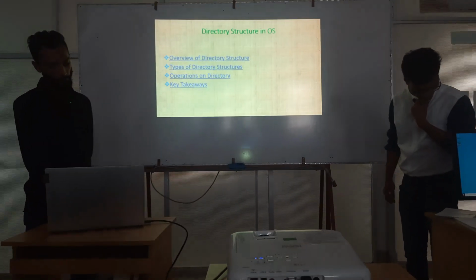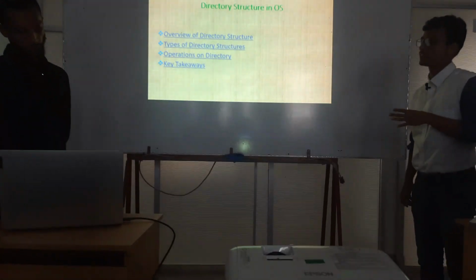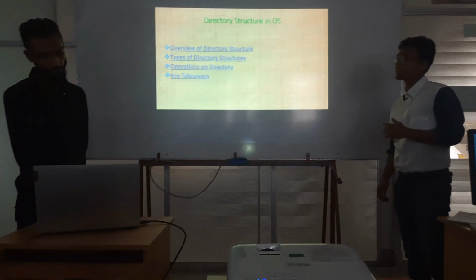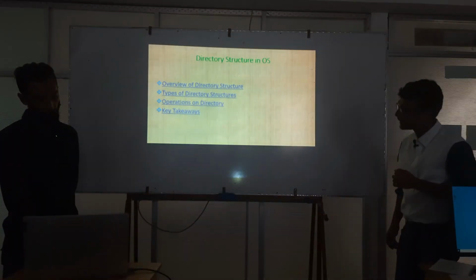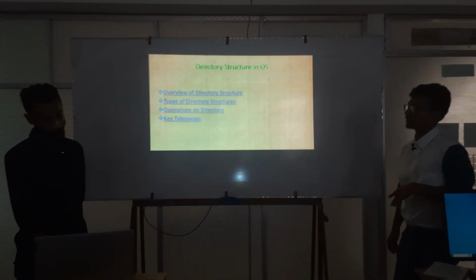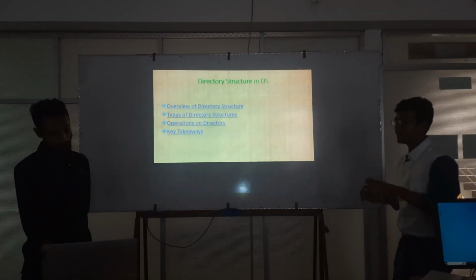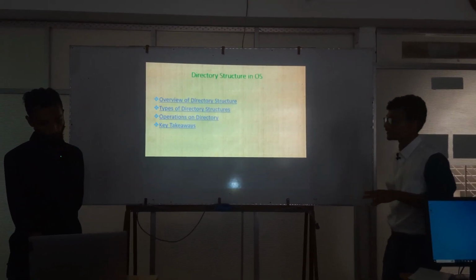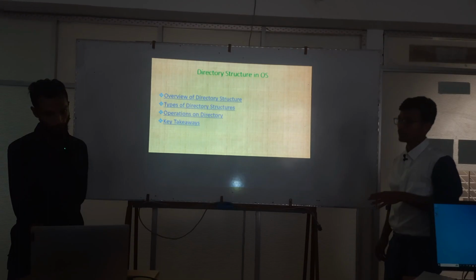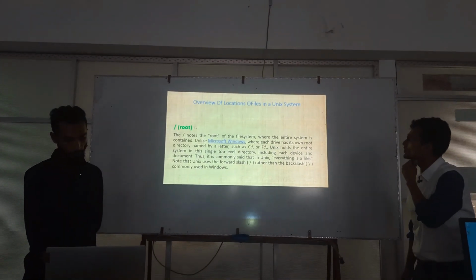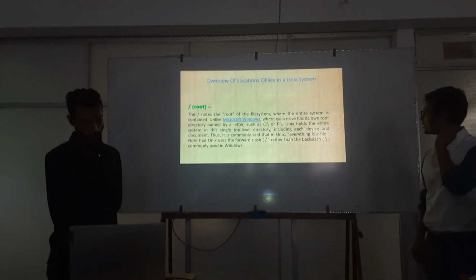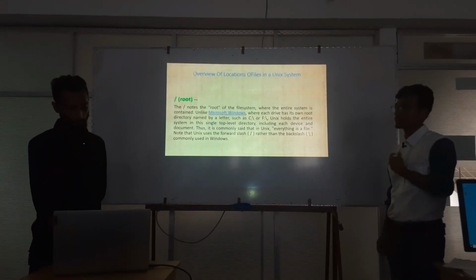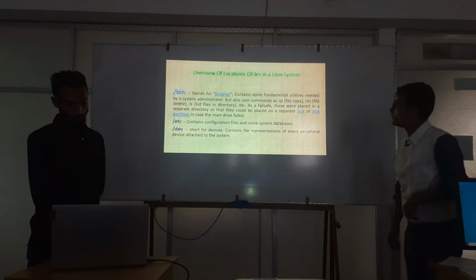And deleting: if we think we no longer need a file, then we delete it. Renaming: when we need the same file for the same work, then we can rename it. Microsoft Windows and Unix hold the entry system and a single top level of directory. Next, bin is the binary.